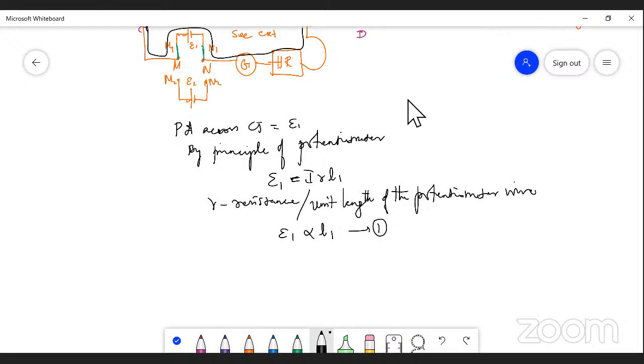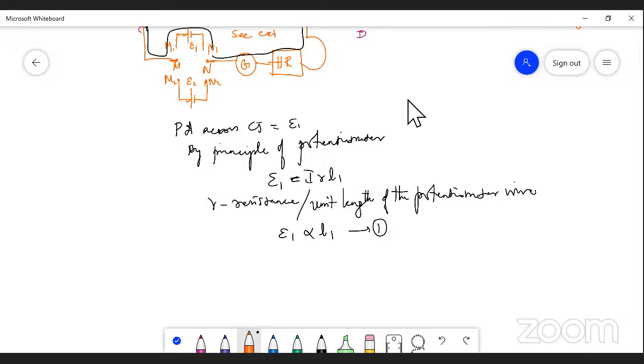Now we can show it with the diagram. I can show you the diagram. This is the terminal M, and this is the terminal N. Z1, N1, M1.